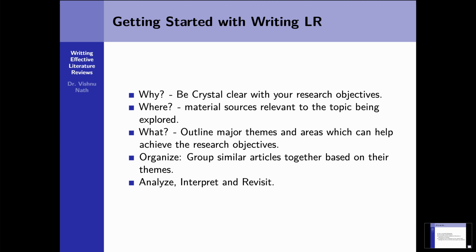The major objective the supervisor wants you to achieve is that when you have read, let us say, 50, 60, 100 papers on that topic during this period, you should be able to outline certain major thematic areas that are being explored in these papers. For example, in Industry 4.0, there are a lot of technologies coming in, such as blockchain, artificial intelligence, and augmented reality.